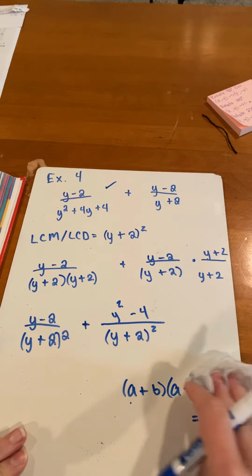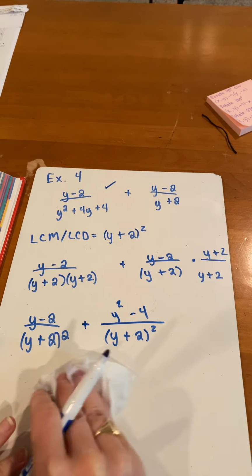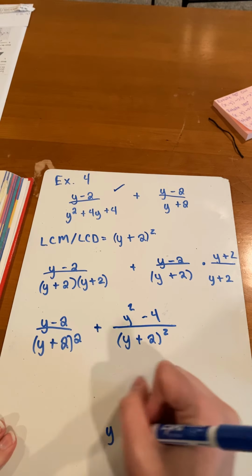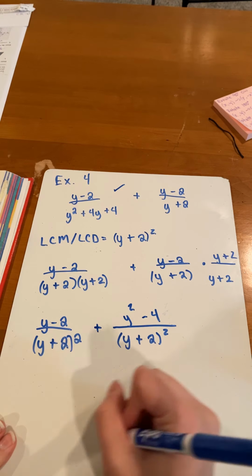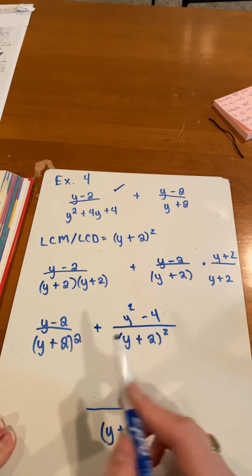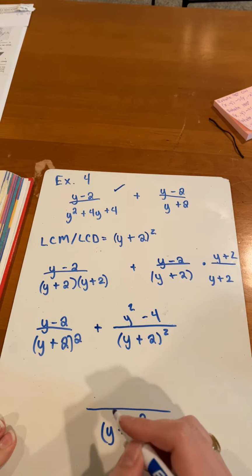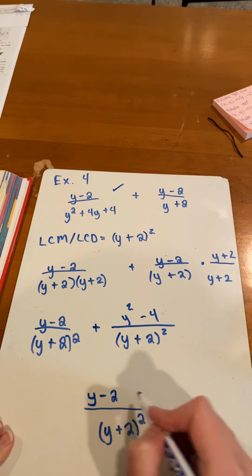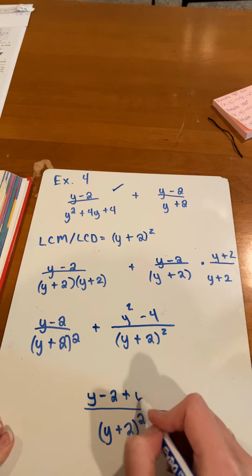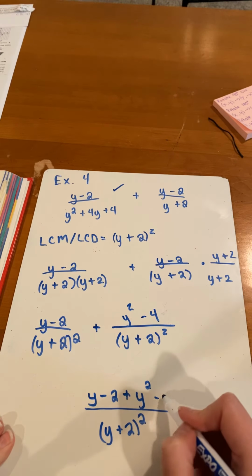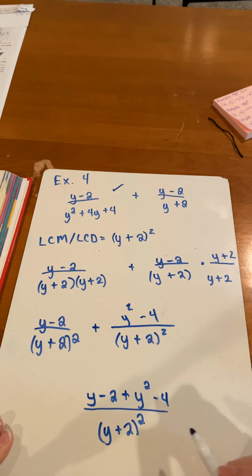And now I can actually do my addition or subtraction. So everything is under the common denominator of y plus 2 squared. And now I have the expression y minus 2 plus y squared minus 4. Do I have any like terms?